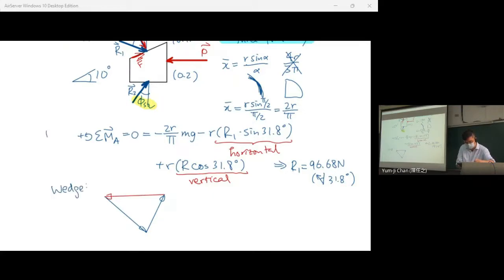And this is a rod, let me remind you. This is P, and we have this R1, and this is R2. This one is 11.3 degrees. This one is 31.8 degrees.